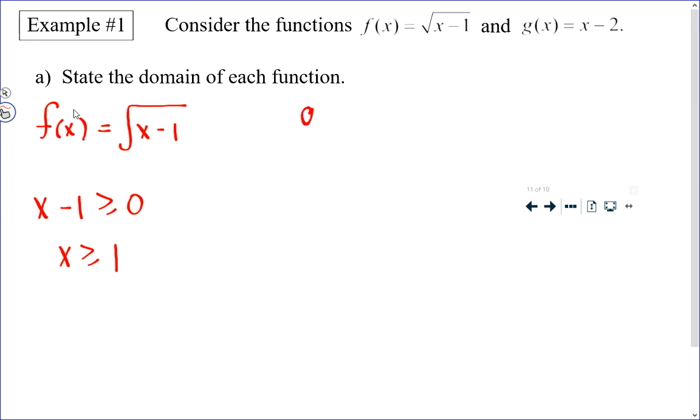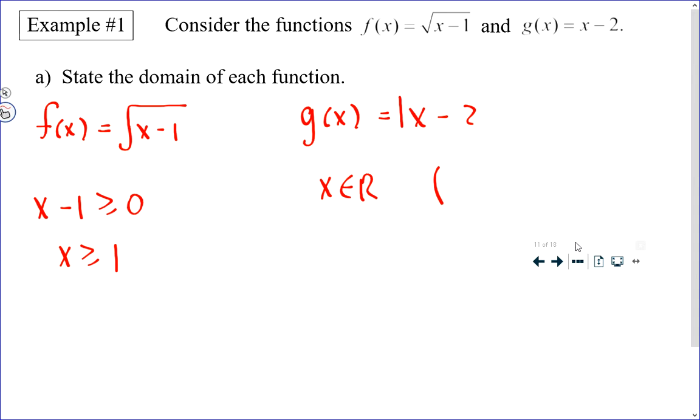This is the domain of f of x. Now, what about g of x? Well, g of x is a linear function. It's a straight line with a slope of 1 and a y-intercept of -2. And you have learned in grade 10 math, and we've continued to use this in grade 11 and 12, that a linear function has a domain of any real number.